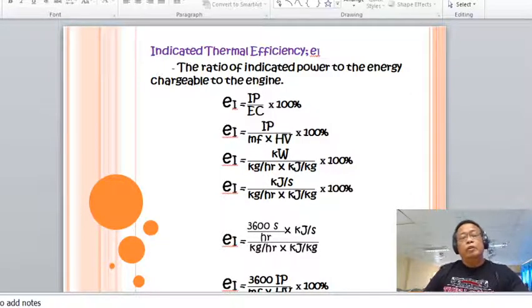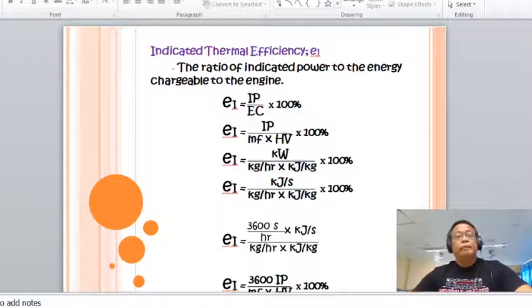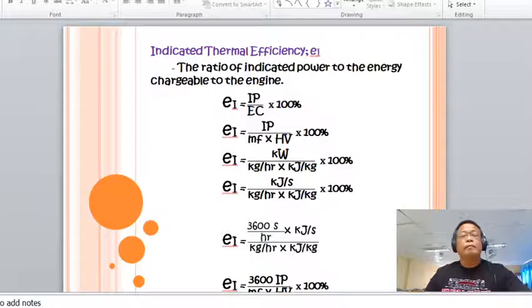Looking at the units involved in this efficiency, power is defined in kilowatts, horsepower, or PS, the European standard. The mass flow rate of fuel is defined in terms of kilograms per hour.